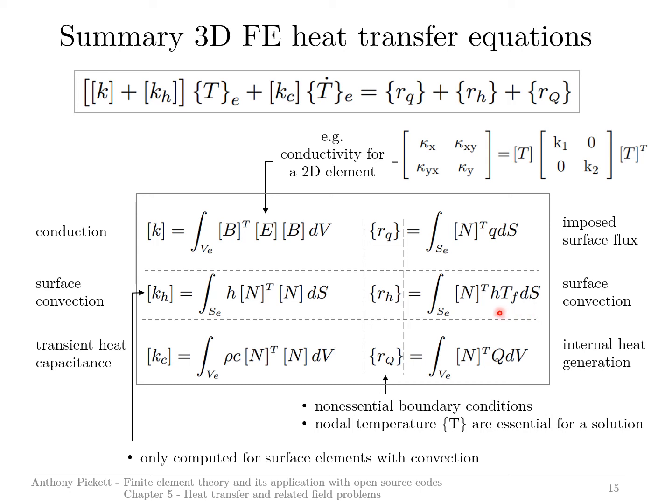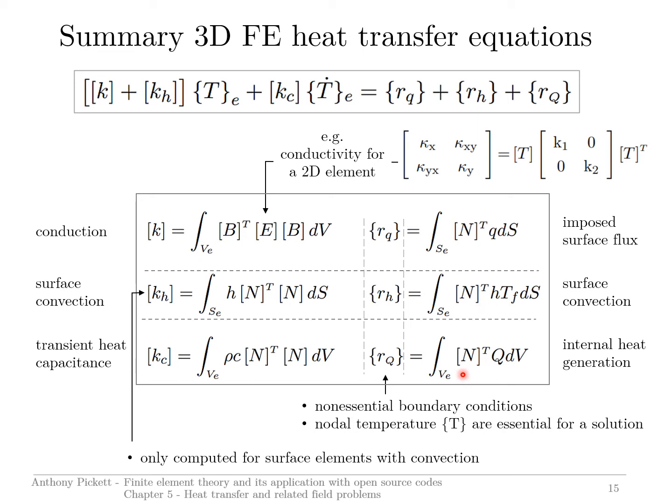It contains the heat transfer coefficient for the material and the environment temperature. And this allows us to convert the element values to nodal values. Again, this is only done on surfaces of elements that have convection.